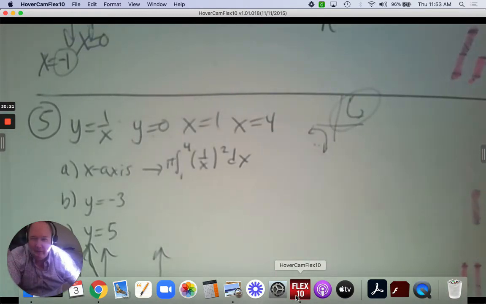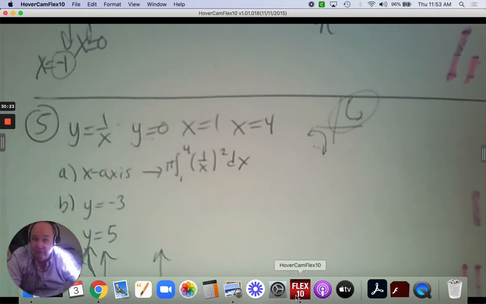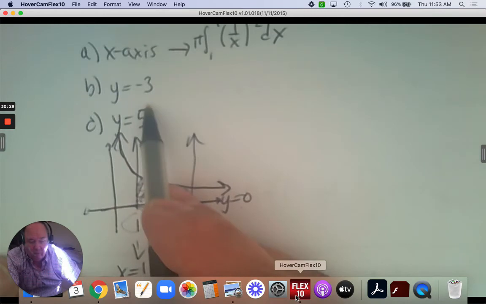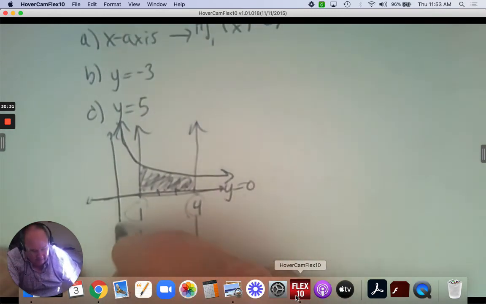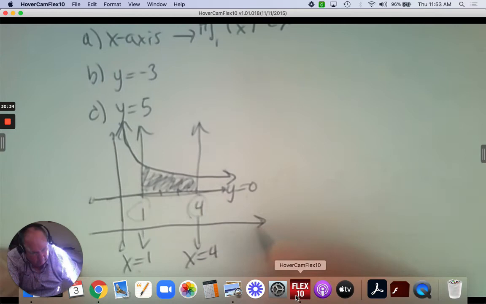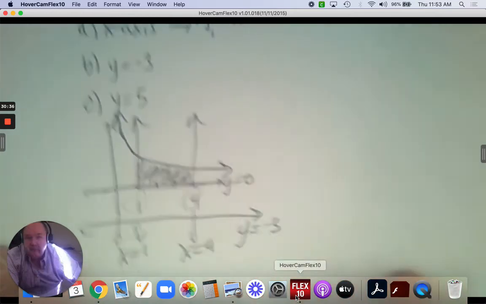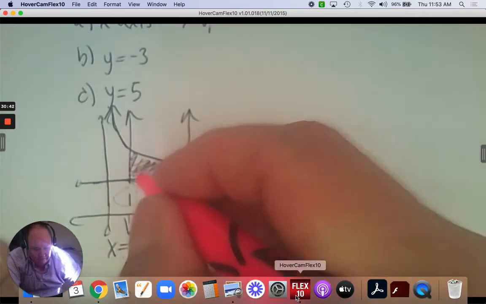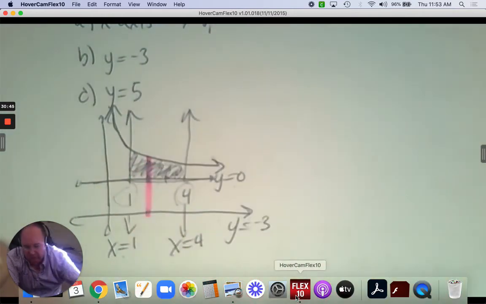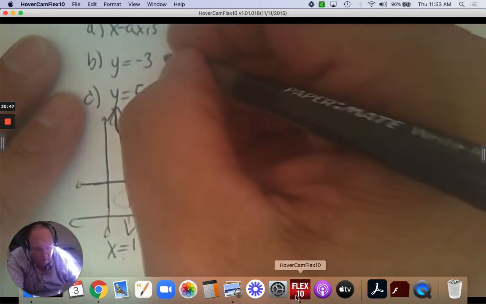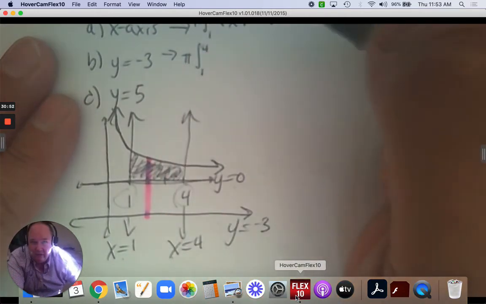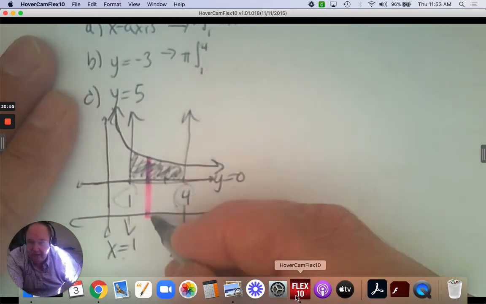Now, what happens if I revolve it around a different line? It creates a space, which means we're going to need 2 circles instead of 1 circle. So if it's y equals negative 3, that's down here. And again, I'm going to use color to help me out here. So if I revolve around here, the big radius is this one right here that goes through the area. So when I write this, it's going to be pi. Again, I'm integrating from 1 to 4. That hasn't changed. And then the big radius is top subtract bottom.